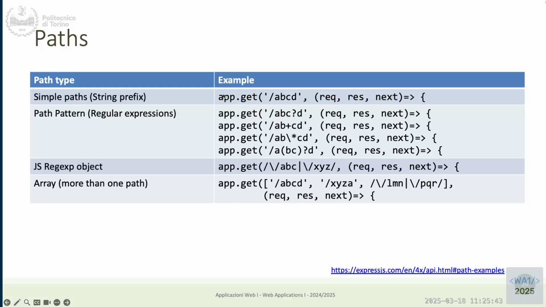Up to now, we just used simple strings as paths, but actually, like I mentioned, you can also have a regular expression or something more complex, a list of paths that help us execute the same callback on a set of different or similar addresses or groups of addresses.